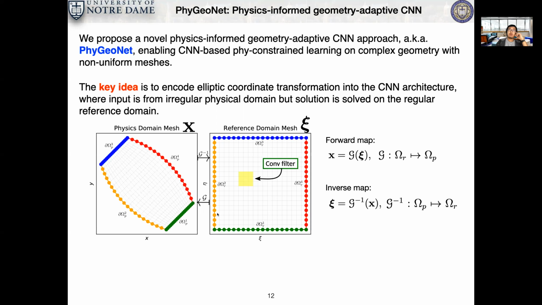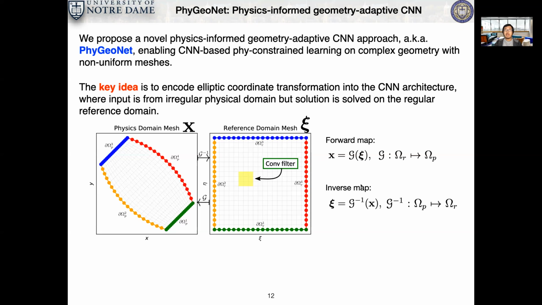The key idea is to utilize coordinate transformation techniques to map the solution field from the irregular physical domain into a rectangular reference domain. For example, the left side is a physical domain with the coordinate x, and the right one is the rectangular regular reference domain with the coordinate ξ.